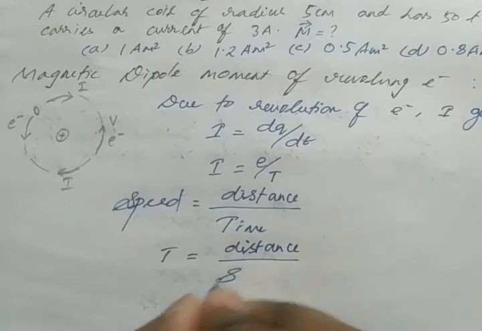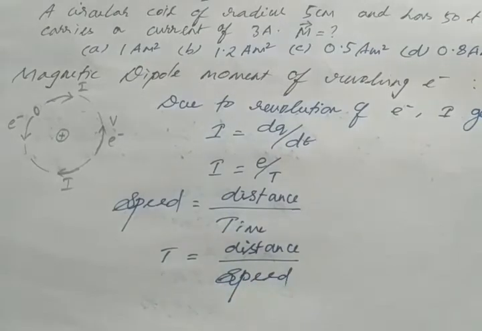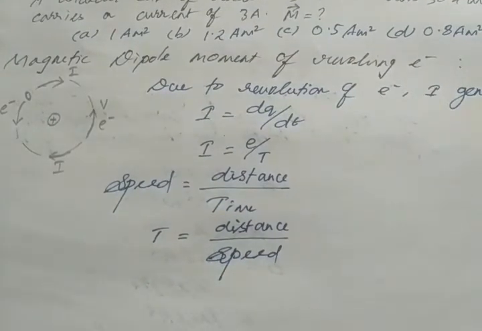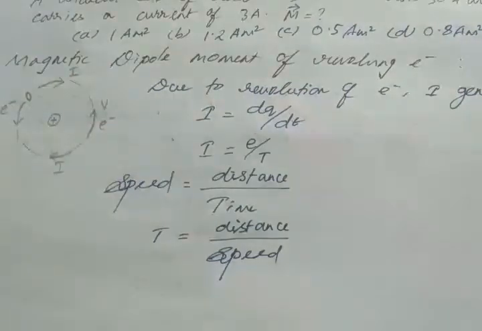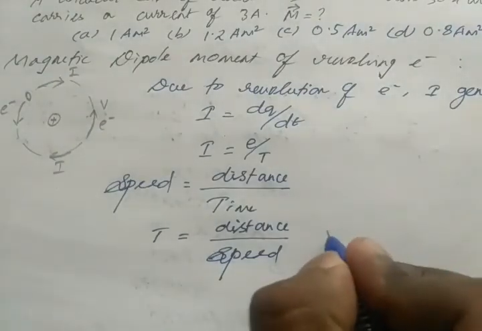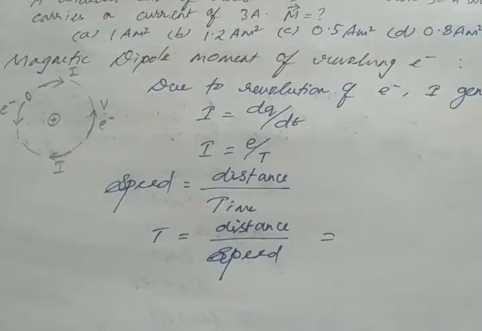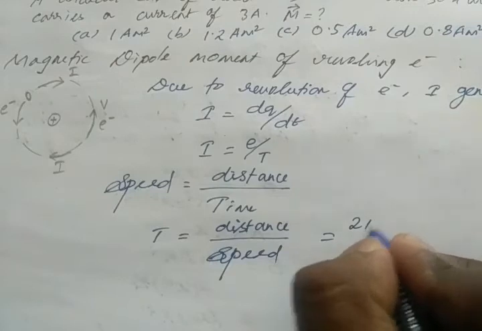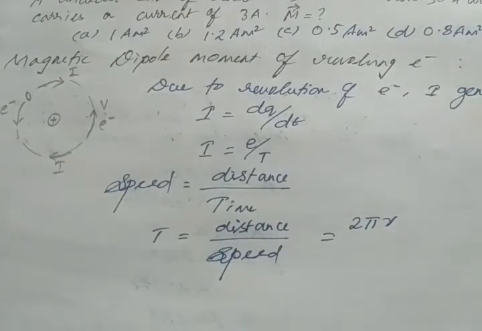So what is the distance? Distance covered by one complete revolution of the electron. Distance is nothing but the circumference of the circle, because this electron follows a circular path. So circumference is taken as 2 pi r.